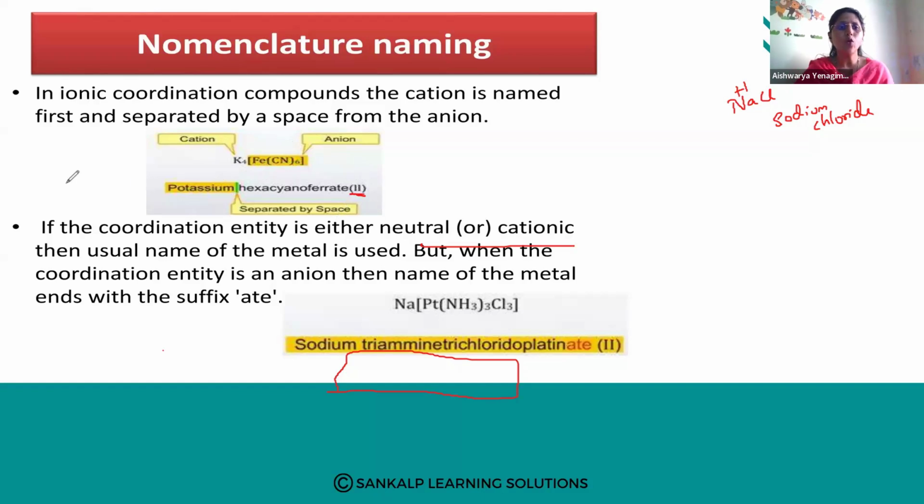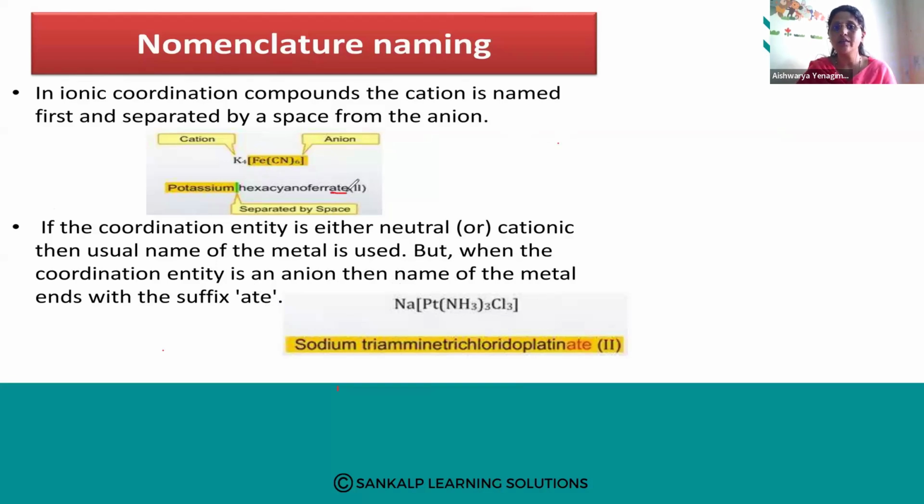If the coordination entity is either neutral or cationic, then the usual name of the metal is used. But when the coordination entity is an anion, the name of the metal ends with the suffix ate. You can see here it is an anion complex. In the first example, Fe is written as what?